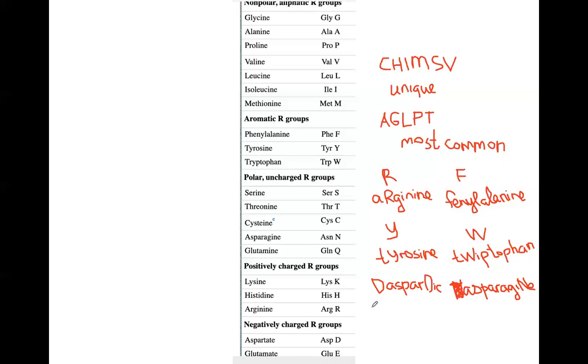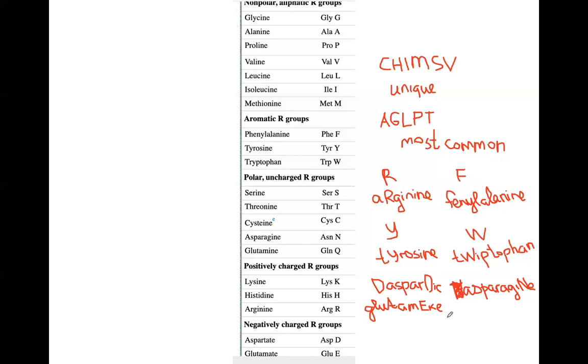Glutamic. Yeah, I don't know really. This one is really questionable. Glutamate.